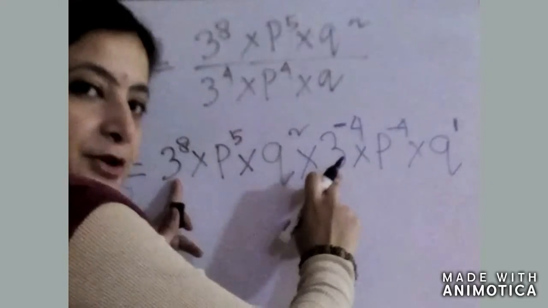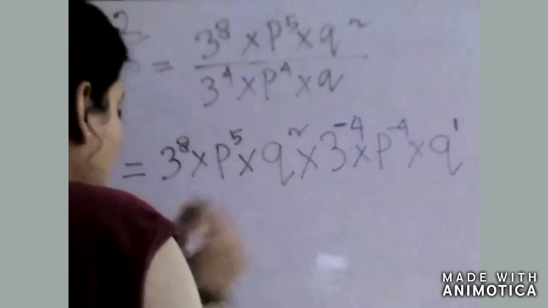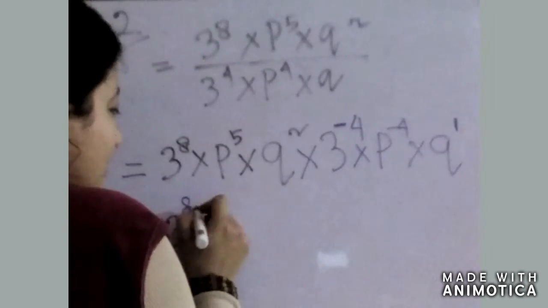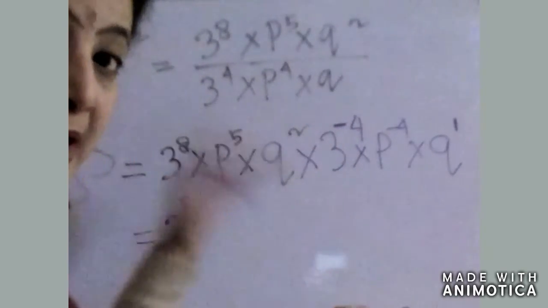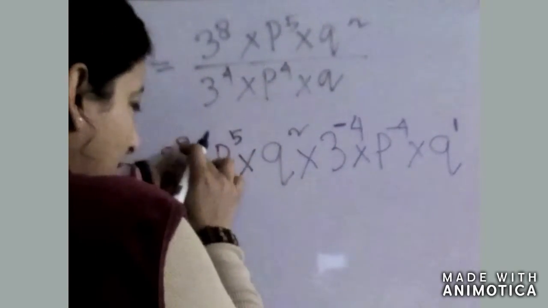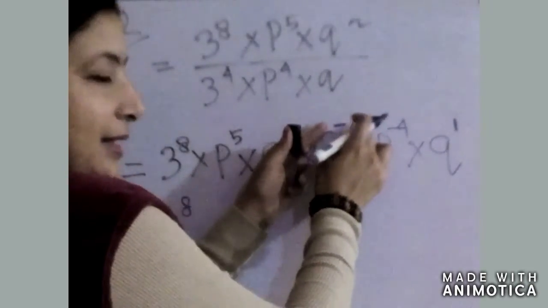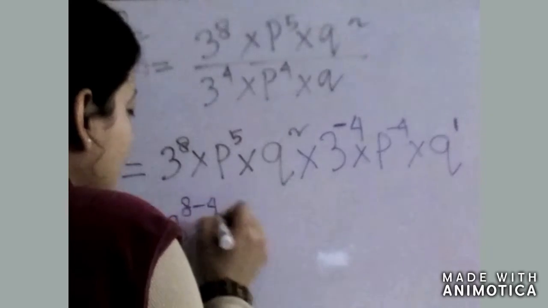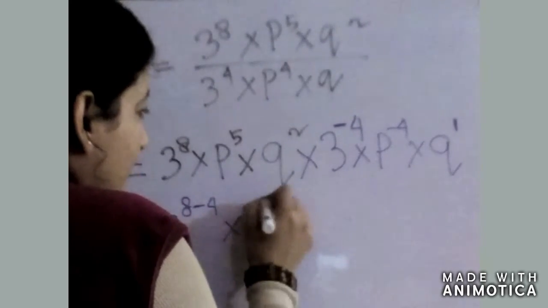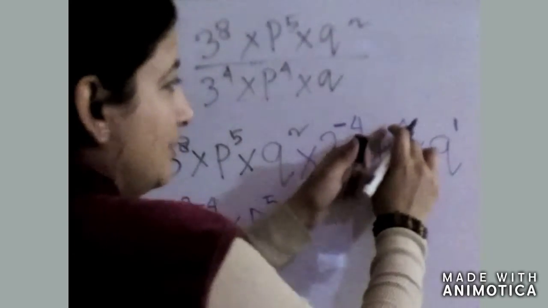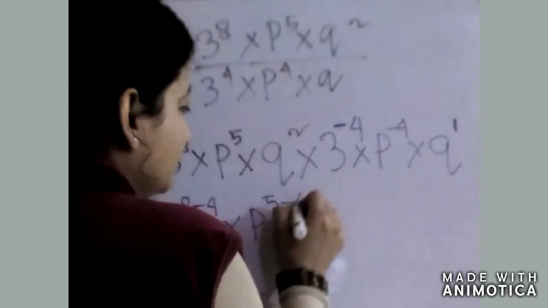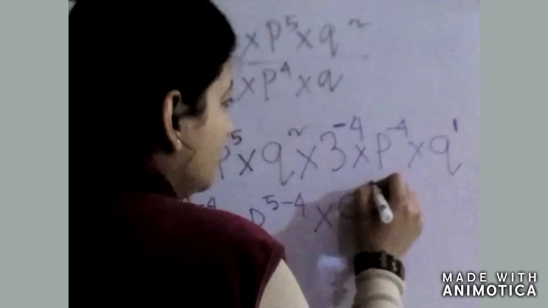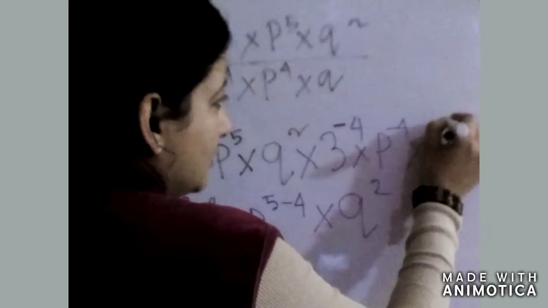So q to the power 1 is equal to 3 to the power 8, 3 to the power minus 4. So the base is the same, so we can apply the law. So it will be 3 to the power 8 plus m plus n. So 8 plus 4, but as 4 itself is minus here, so it will be 8 minus 4, into p to the power 5 minus 4, just like in the case of 3, and it will be q to the power 2.